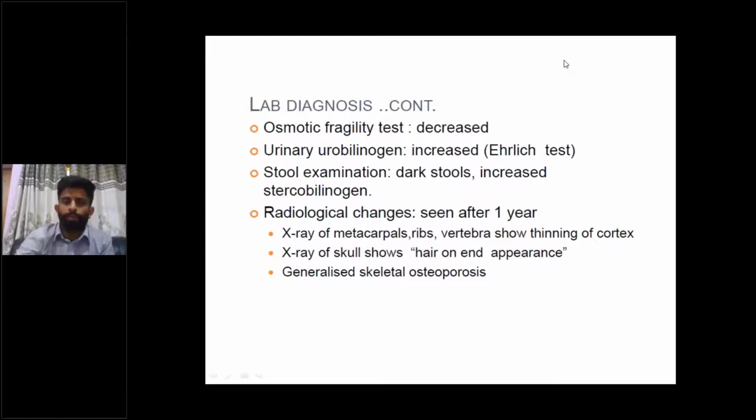Now, we discussed sickle cell anemia in the previous class. Even that can have hair on end appearance. Which other hematological disorder will contain hair on end appearance? It's obviously seen in thalassemia and sickle cell anemia.